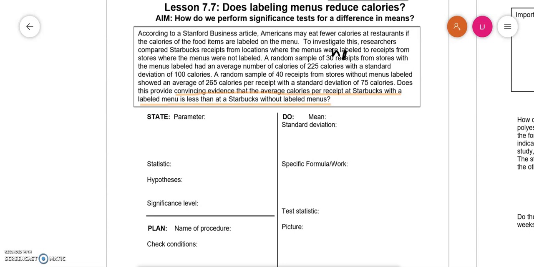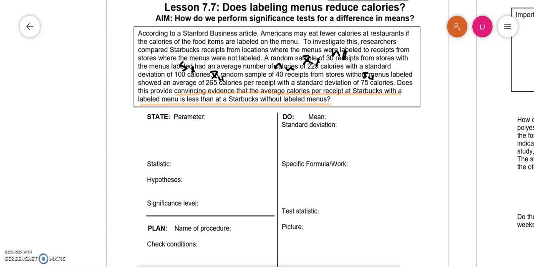The next one is the average, x bar L, and this is sL. And then the next set is from unlabeled, so I'm going to write this nU, and that's x bar U, and sU. This way, the grader knows what I am talking about when I use these letters.